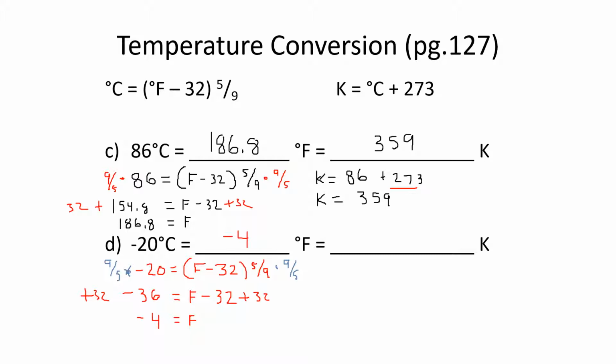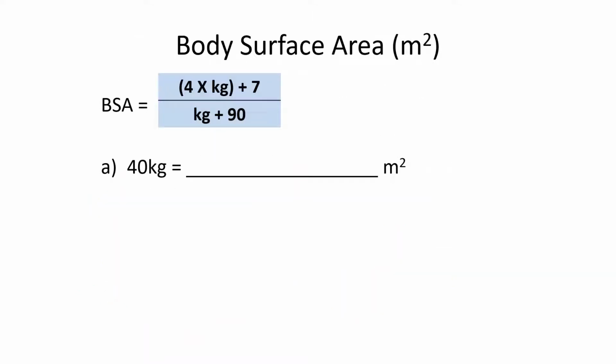It's negative 4. To Kelvin, add 273 to your Celsius number. All right. Temperature is not too bad. If in a pinch, just look up the temperature conversions.